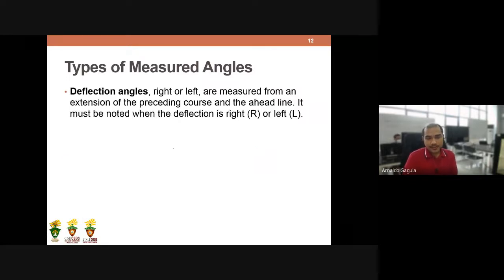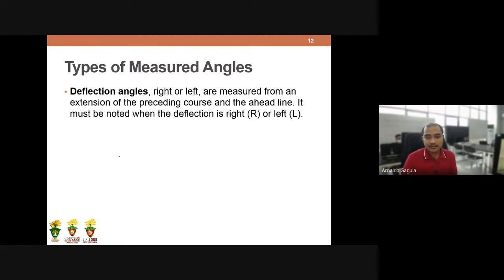We also have what we call deflection angles, no? Deflection angles can be to the right or to the left. These are measured from the extension of the preceding course and the ahead line. It must be noted that the deflection can be right or left.